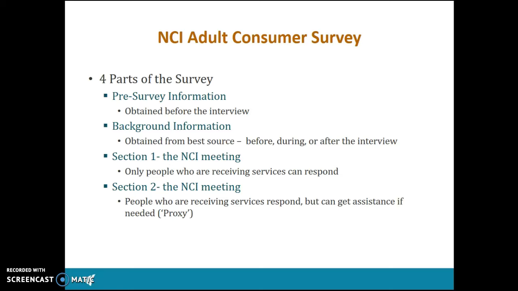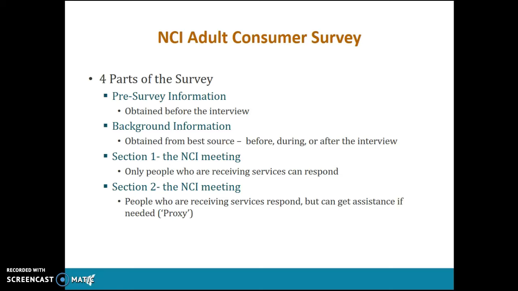The background information is obtained from what the state feels is the best source. Oftentimes, the information is collected before the meeting takes place, but may also be collected during or even after the meeting when needed.